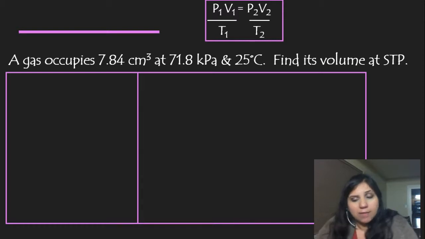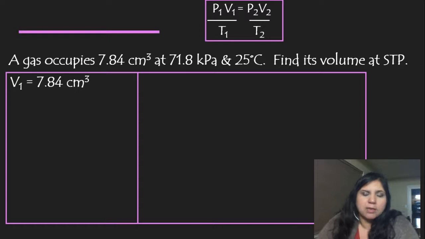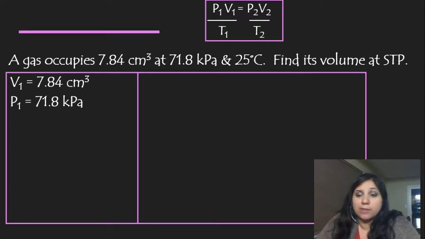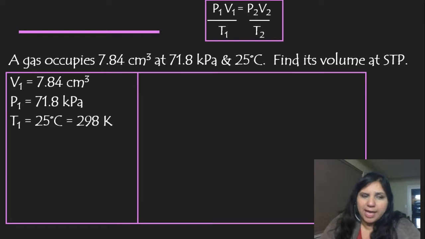That is a unit of volume, any cubic unit of volume, so that's V1. At 71.8 kilopascals, so that's P1. And 25 degrees Celsius, that's T1. But I'm going to go ahead and add 273.15, round to the correct number of sig figs to get 298 Kelvin. Alright, so then we find its volume at STP.